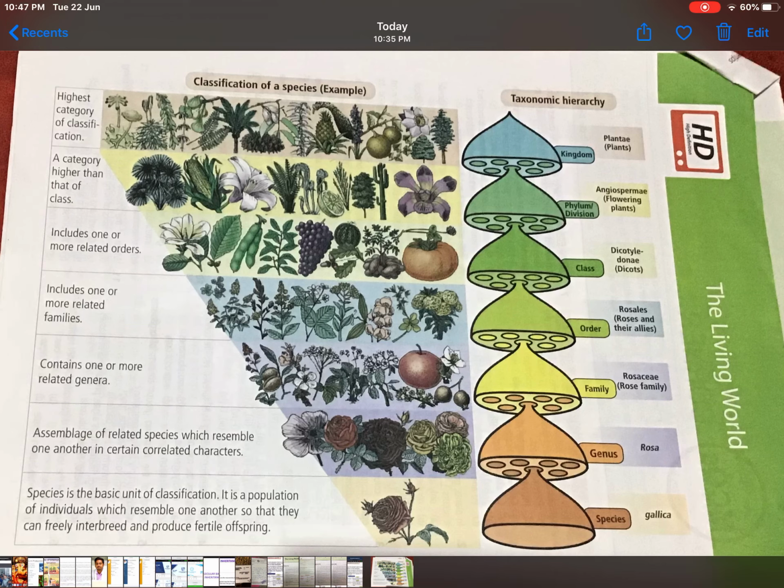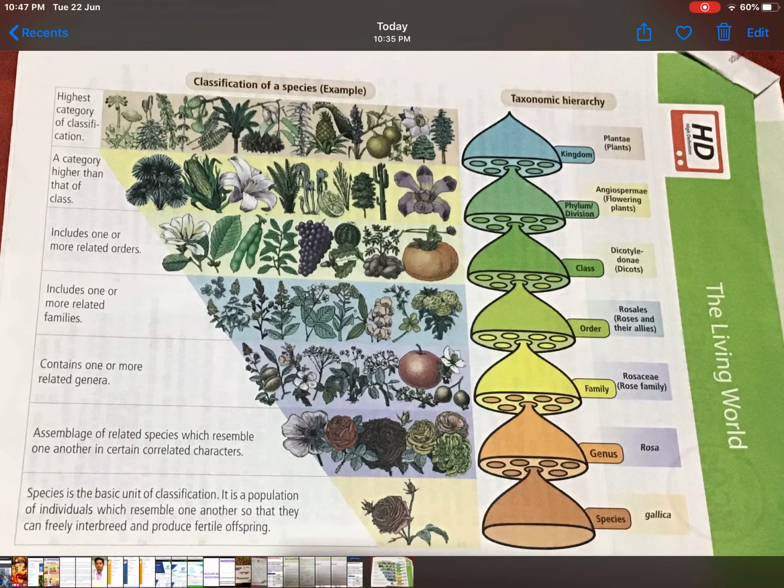It should exhibit plant characters. Then we say kingdom Plantae. All the plants in the world come under this kingdom. So the highest category of classification is the kingdom, and the lowest one is species.